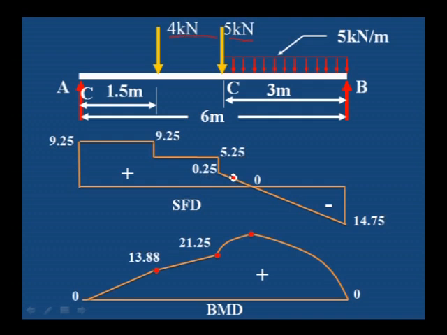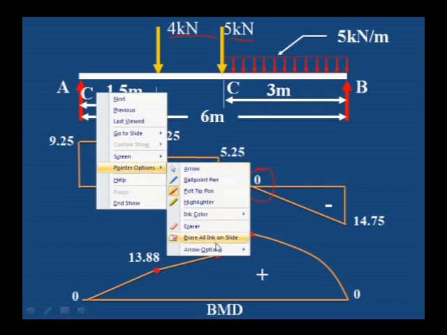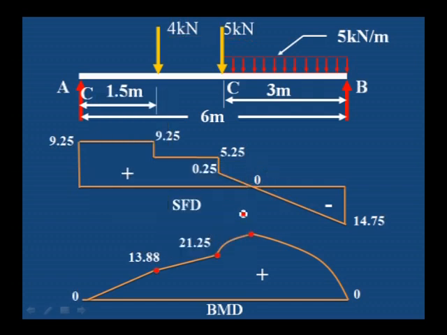This is the point where shear force changes its sign. Let us call it the O point. We have to find the maximum bending moment where shear force changes its sign. This is the bending moment diagram.